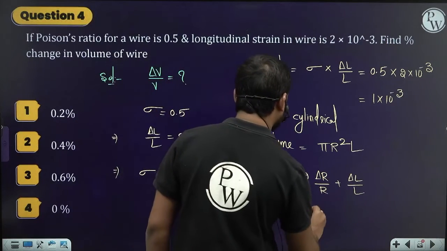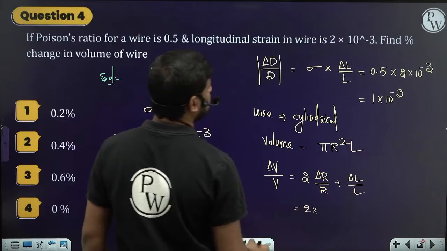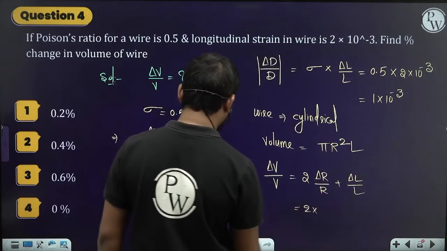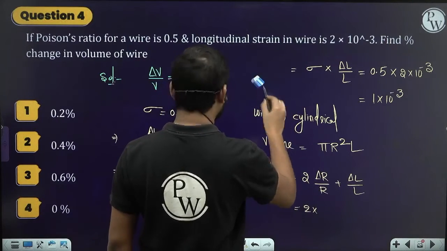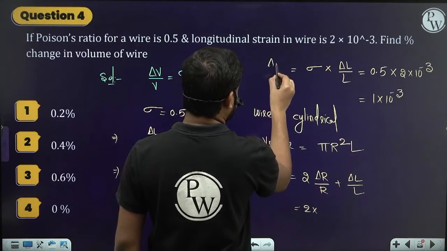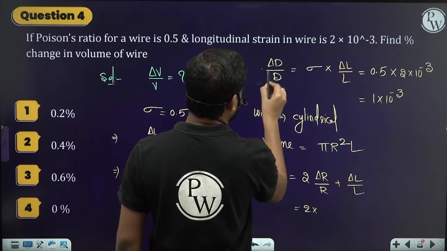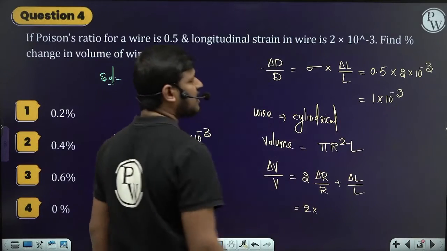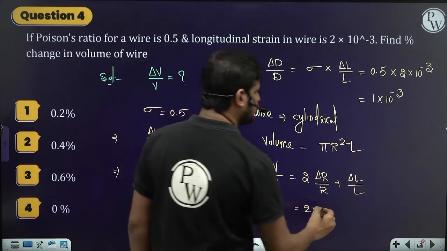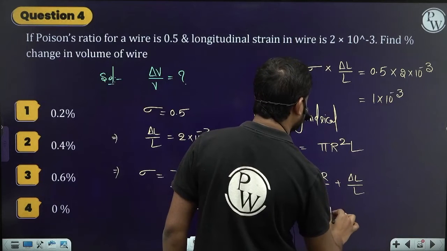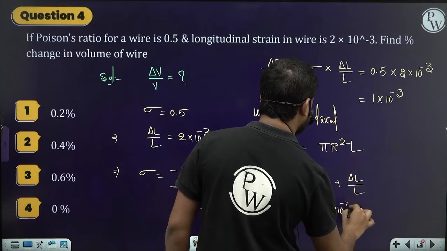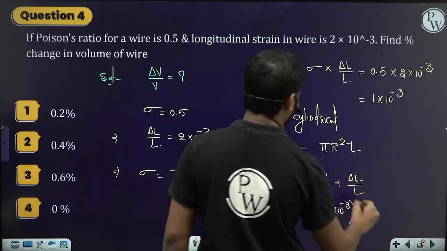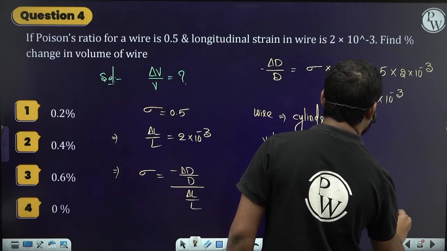So what is delta R by R? This is not the magnitude, so we take minus delta D by D, which is nothing but minus 1 into 10 to the power minus 3. Delta R by R is also the same thing. So 2 into minus 1 into 10 to the power minus 3, and delta L by L is 2 into 10 to the power minus 3.